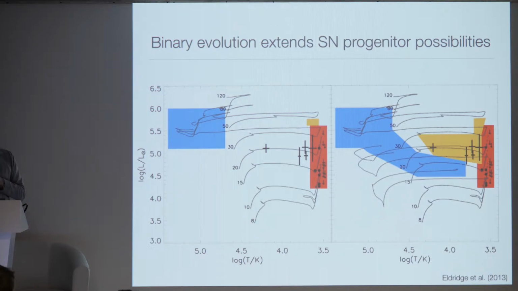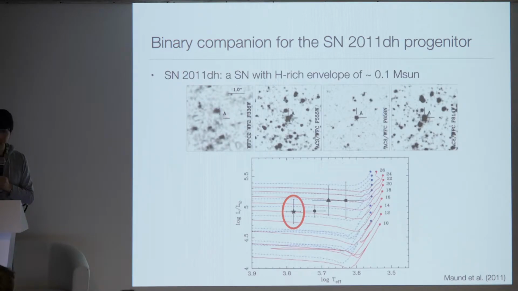So these are all theory. These of course suggest there should be binary star evolution, but the direct way to confirm this is again to observe a star which is in a binary system.